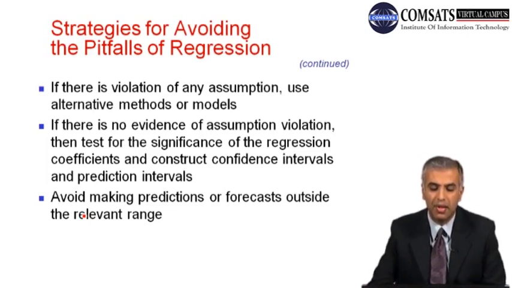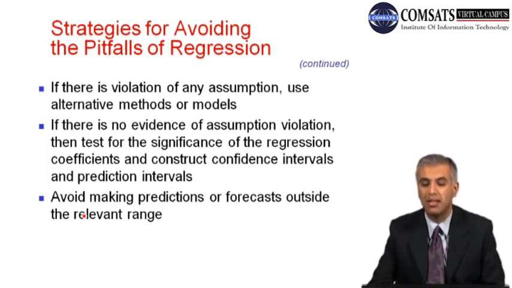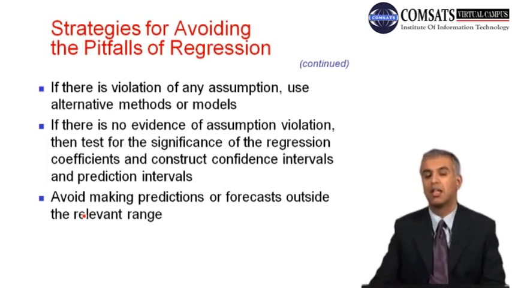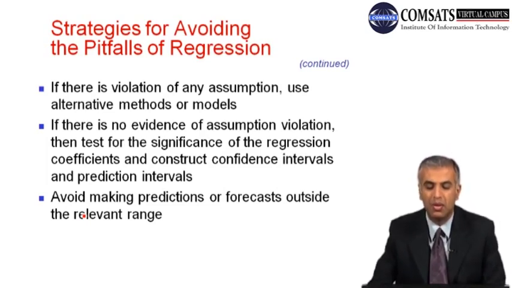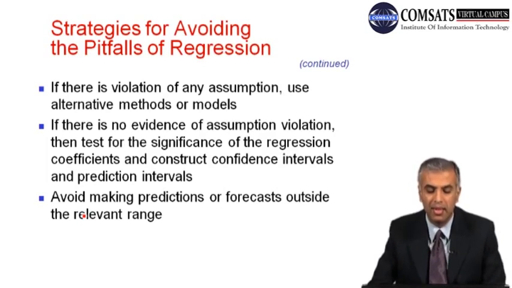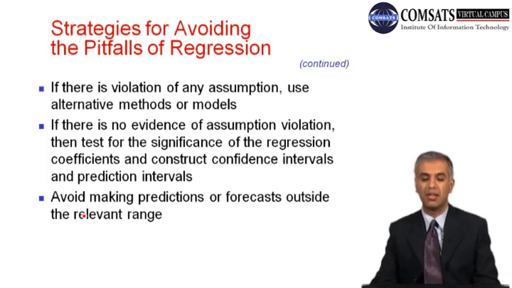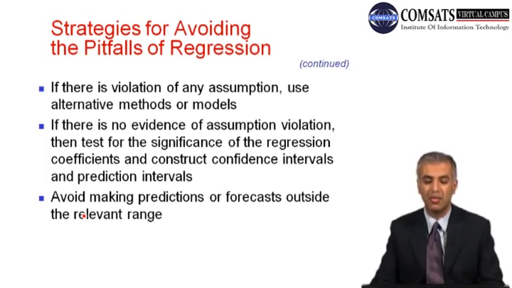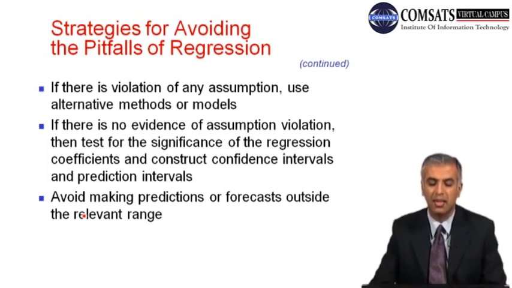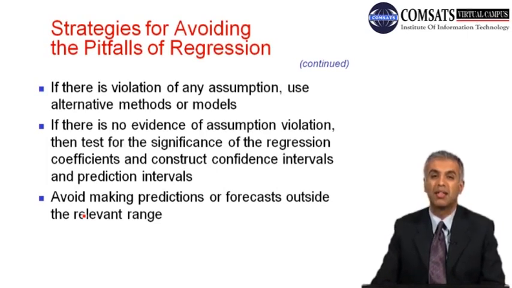Then if there is no violation of assumptions, we can go ahead with the rest of the process, and that is to test for the significance of the regression variate which we have just calculated. Then we have to evaluate the confidence intervals and prediction levels as well, so that there is no issue at the end. And then again, as we have discussed before, we should avoid future predictions.